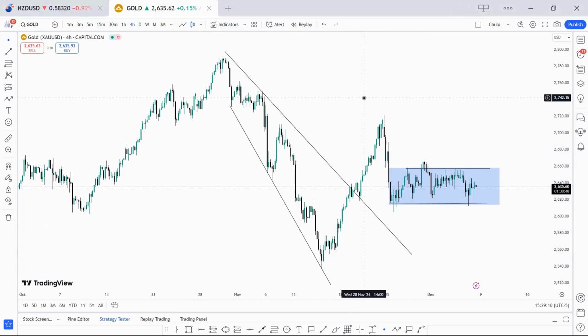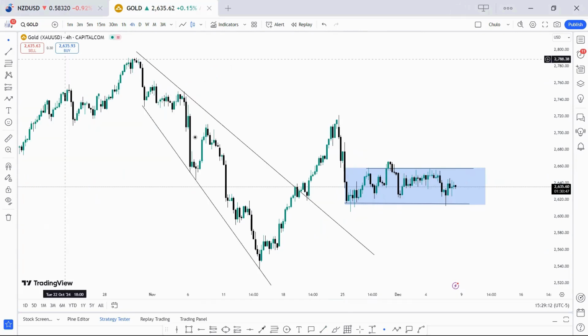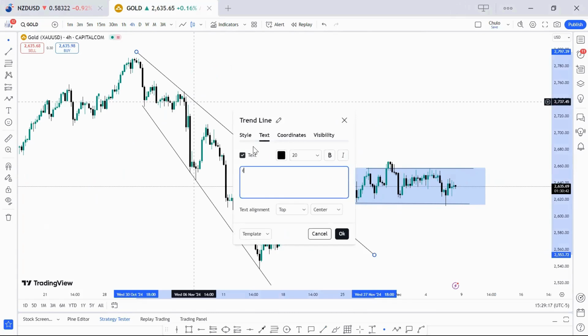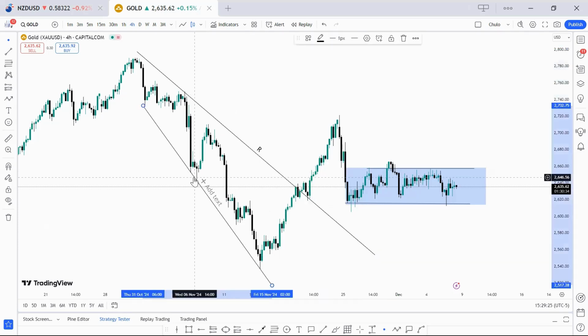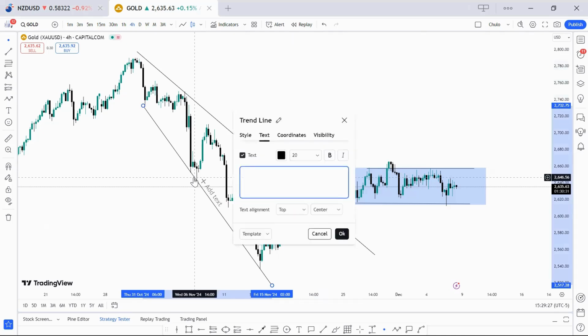Okay, so we can clearly see from here that we have a bearish support and resistance. Here's our resistance, this is R. Here's the resistance, and here's support.